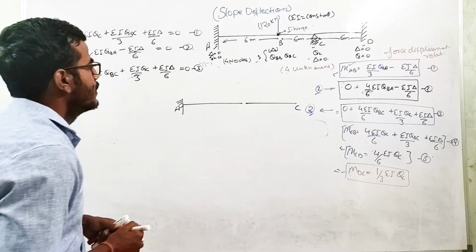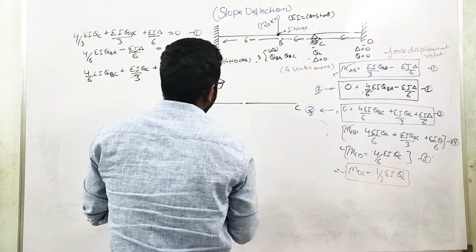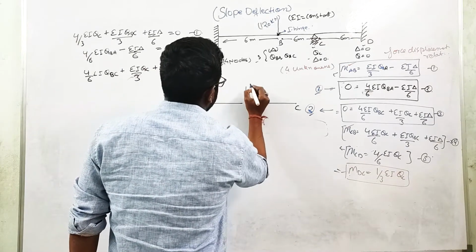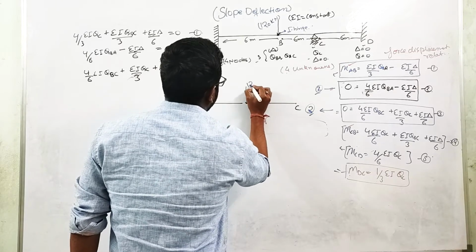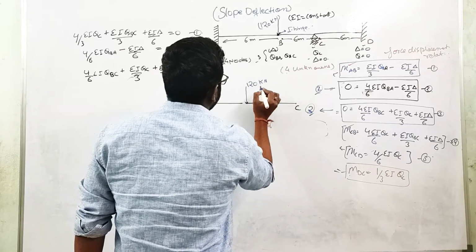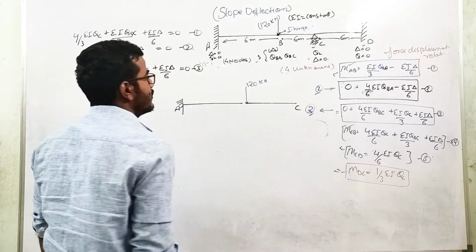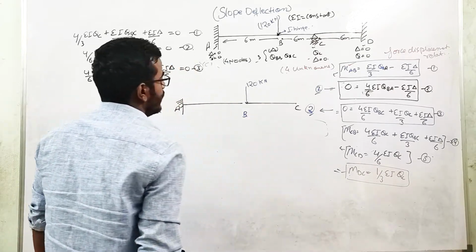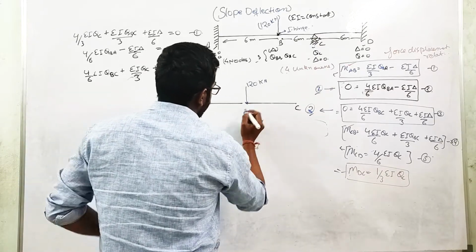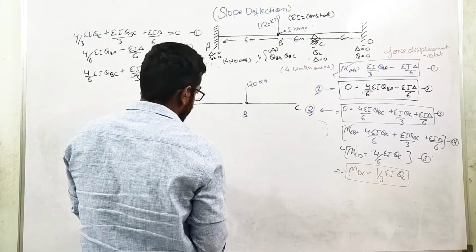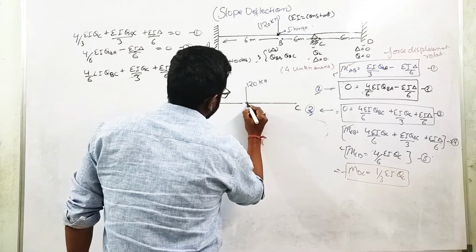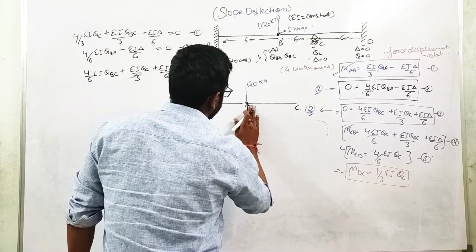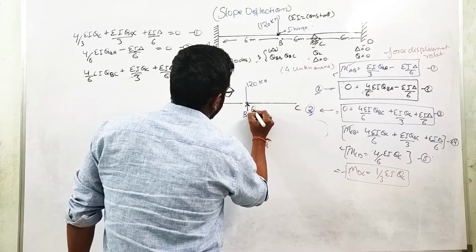Now I can assume that this 120 kilonewton load is coming on this BC portion basically. Now at this point there will be some shear force, and let us suppose this shear force is acting in the vertical direction. I can write it as QB.